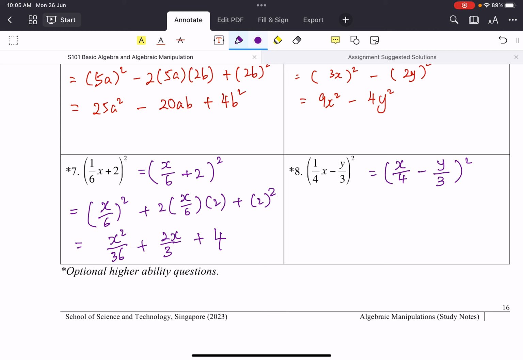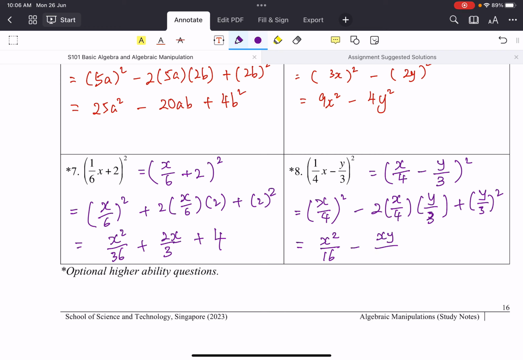And writing in the structure, this will give us (x over 4) squared minus 2 times (x over 4) times (y over 3) plus (y over 3) squared. So simplifying is x squared over 16 minus xy over 6 plus y squared over 9, right?